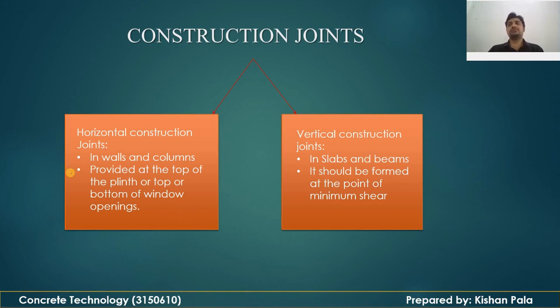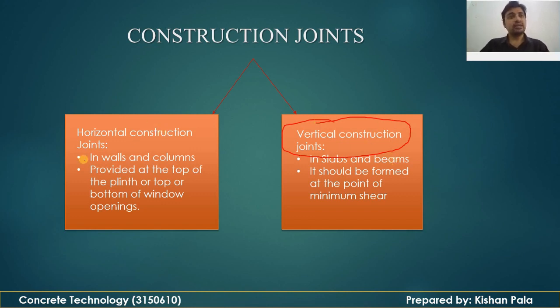Horizontal construction joints are generally provided in vertical members like walls and columns, and vertical construction joints are generally provided in horizontal members like slabs and beams.